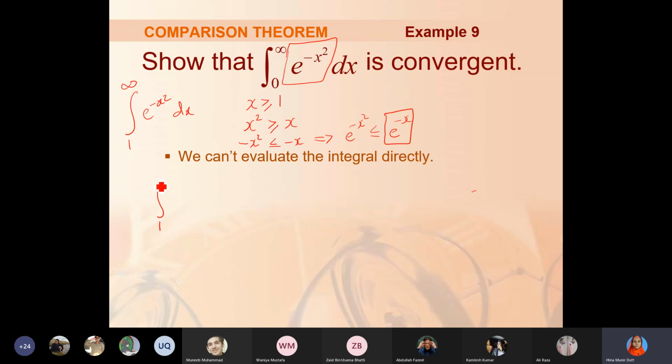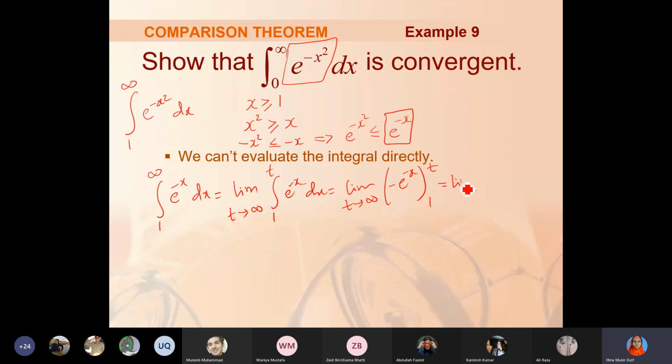Now let's check the integration of e power minus x dx. The integration of this is an improper integral. Limit t approaches infinity, integral from 1 to t of e power minus x dx is equal to limit t approaches infinity of minus e power minus x from 1 to t.